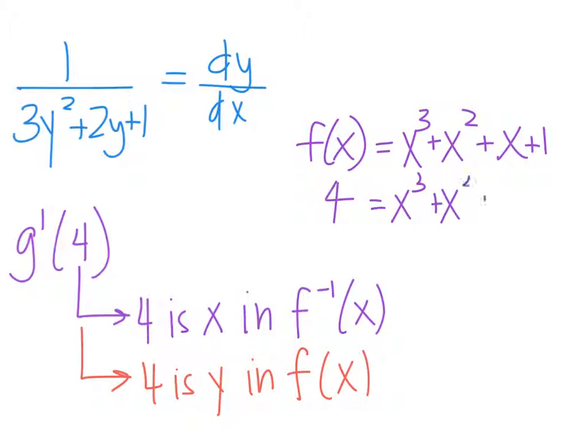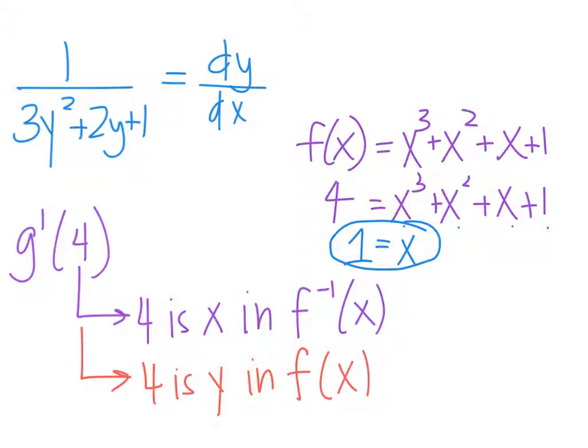Since 4 is x in the inverse world, that means 4 is y in f of x world, so I set f of x equal to 4 so that I can find who x is. When I do that, 1 plus 1 plus 1 plus 1, if you solve, x has got to be 1.